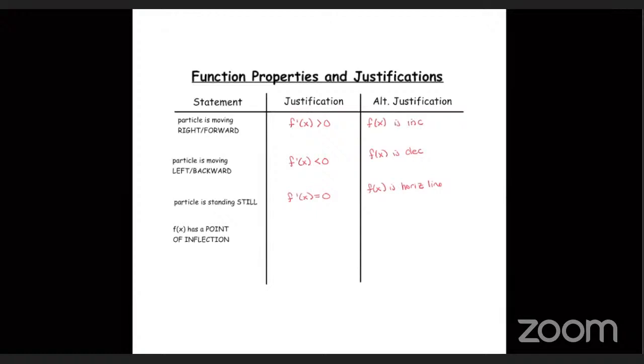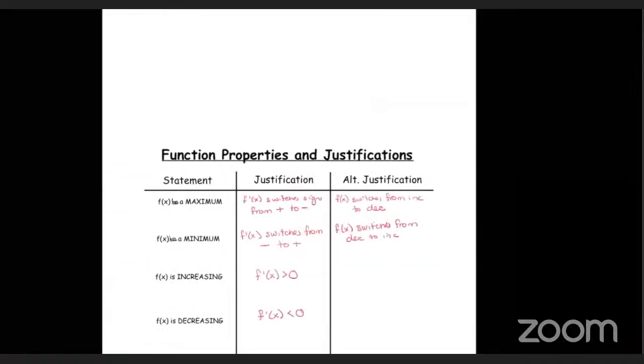All right, our point of inflection. Now we move to our ideal justification being through our second derivative. So your point of inflection is going to run through your second derivative. And so we would want to say that our second derivative switches signs. Now notice I didn't say which direction because it doesn't matter. On the last page, I did very much say that it's going to switch from positive to negative to make it a maximum.